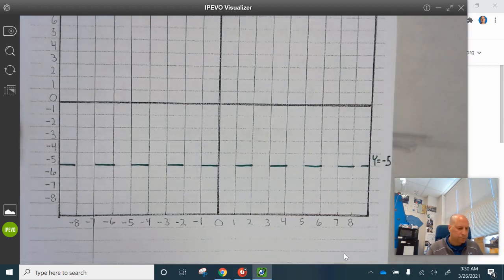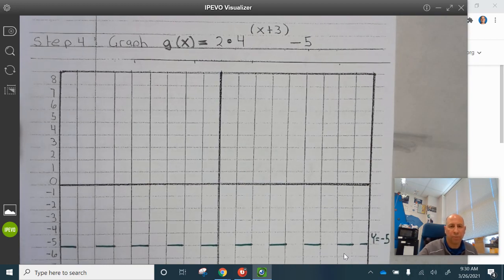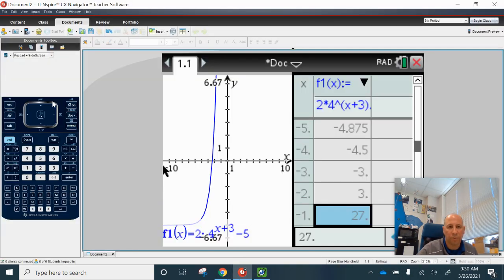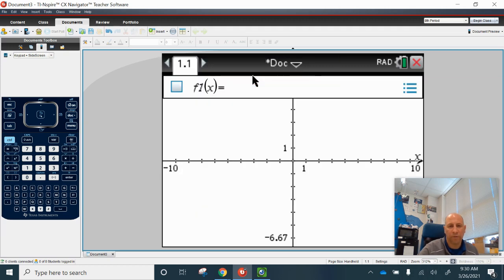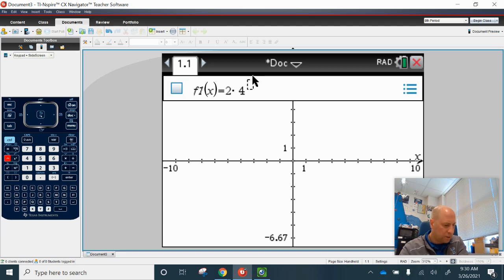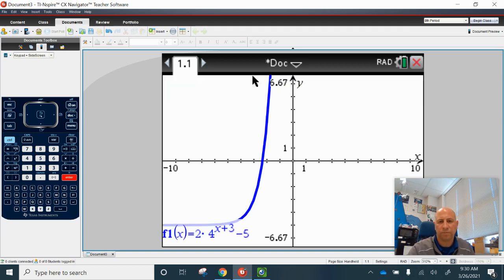Now, we're going to use our calculator to find the points to graph. So we're going to come over here, go to new document, add graph. I'm going to enter 2 times 4 to the x plus 3 minus 5. Okay?